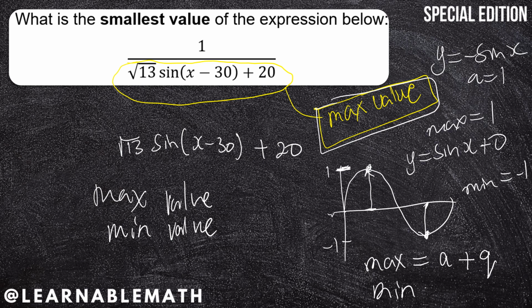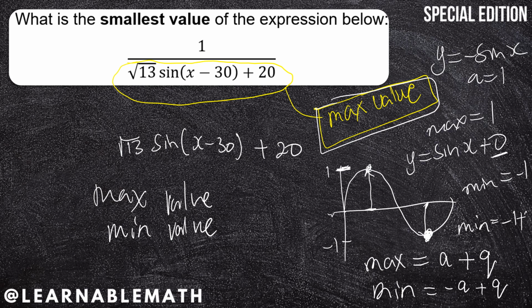For the minimum value, you take the negative value of the amplitude plus q. If we want the minimum value here, which is minus 1, it's the negative of the amplitude, which is 1, plus q.